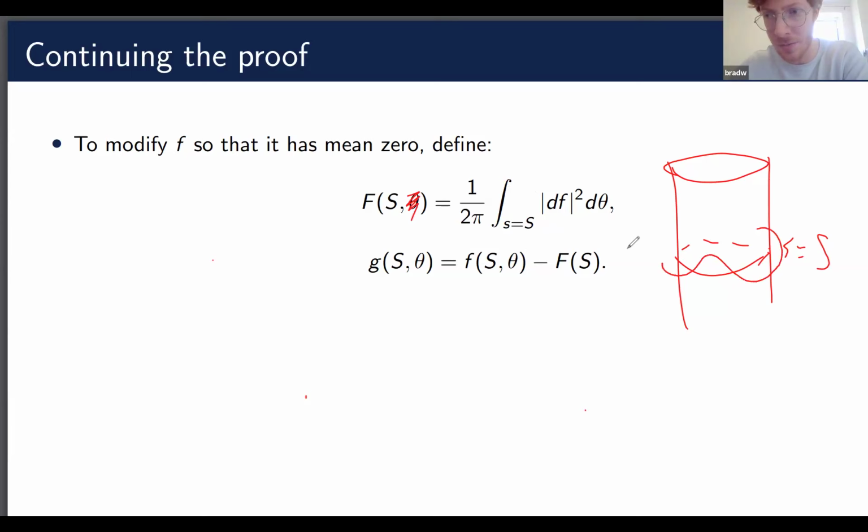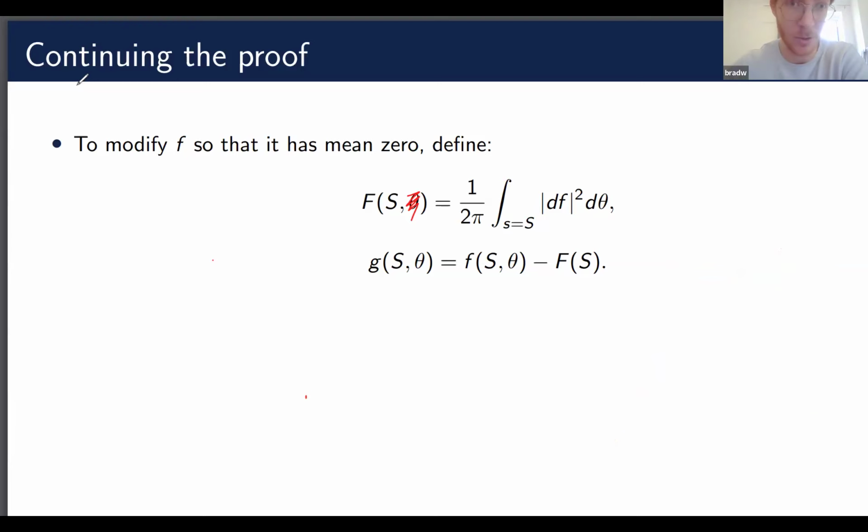As opposed to f, where the average could say go to infinity, you have just this g, which is a nice zero average function, which is always good in analysis because you want to use things like Poincaré's inequality.